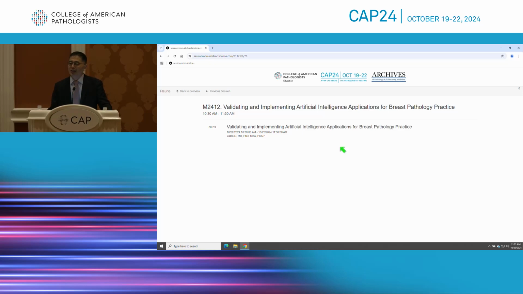I did find variation among algorithms and even among the WSIs scanned by different scanners. From the same glass slides, different scanners produce WSIs that give different results after the digital analysis.